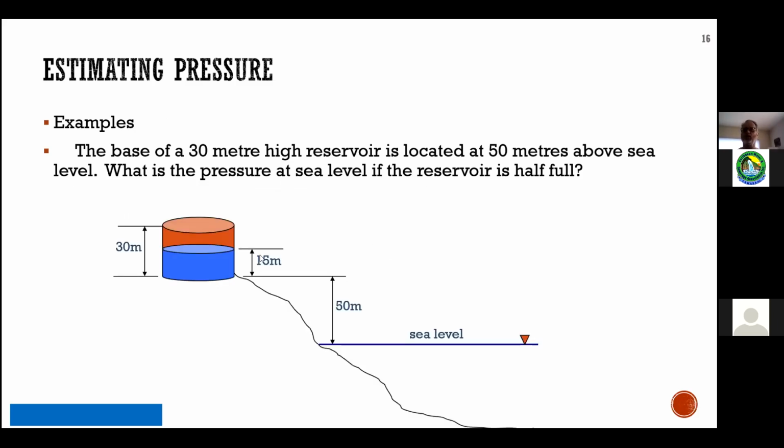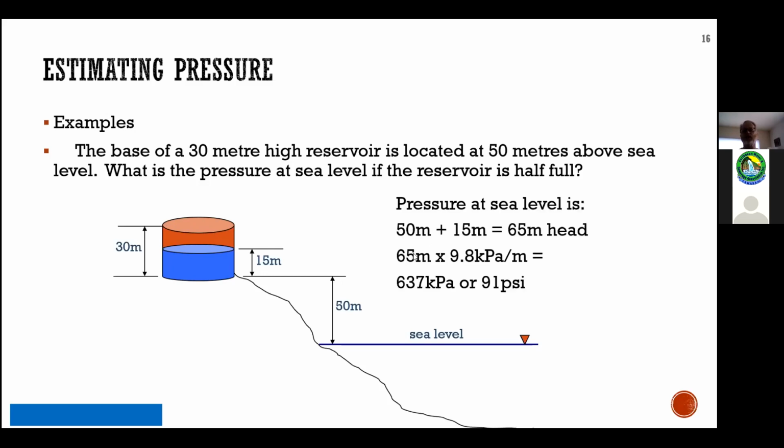Okay, so draw it out. There's our 30-meter reservoir, 30 meters. It's only half full, so that's why the red part, it's empty. So that makes it only 15 meters, 50 meters above sea level. So we now add the 50 and the 15. 65 meters times 9.8 kPa.